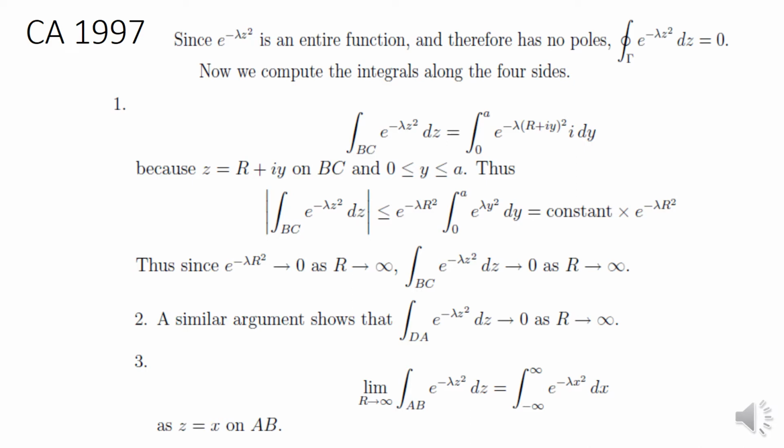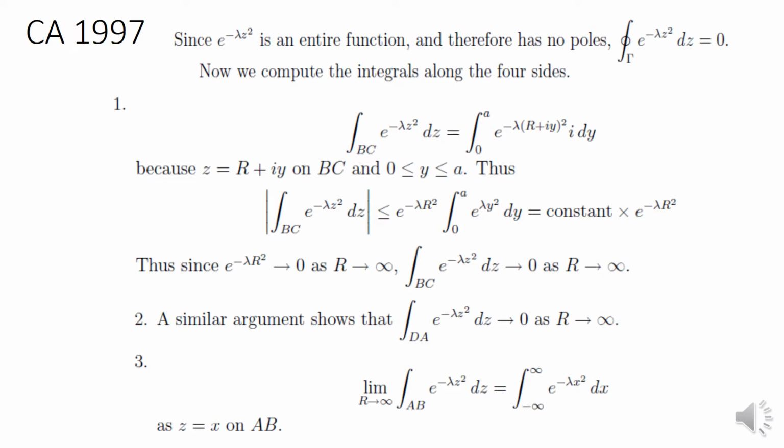Generally, exponential and trigonometric functions are entire functions. So the integral of this over the closed contour tau which we have taken is equal to 0. This is by Cauchy's integral theorem, so we get 0.